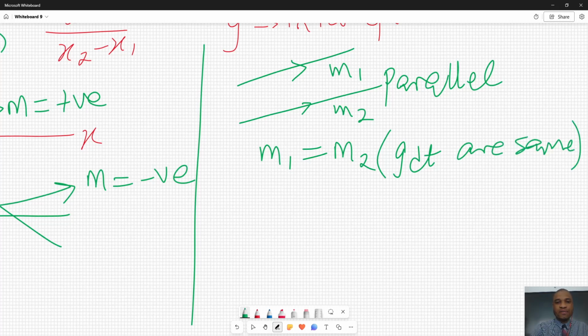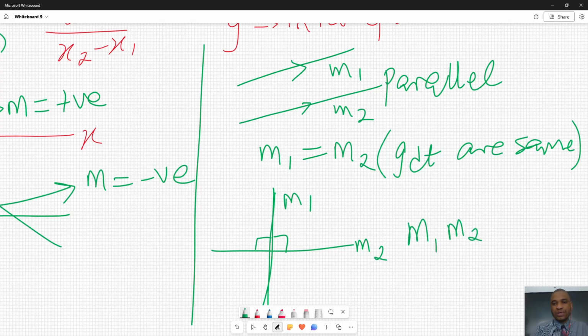For perpendicular or orthogonal lines, M1 times M2 is equal to minus 1.